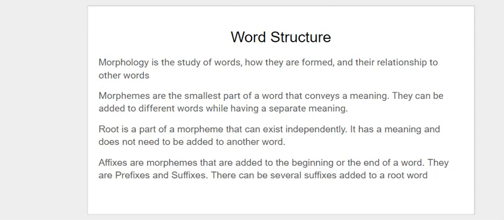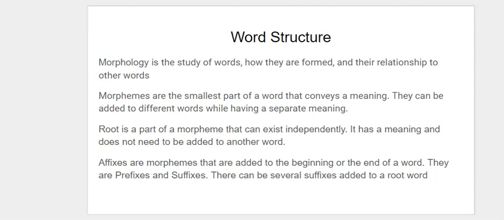Prefixes are added to the beginning of a word, and suffixes are added to the end of a word. So affixes are added to root words.